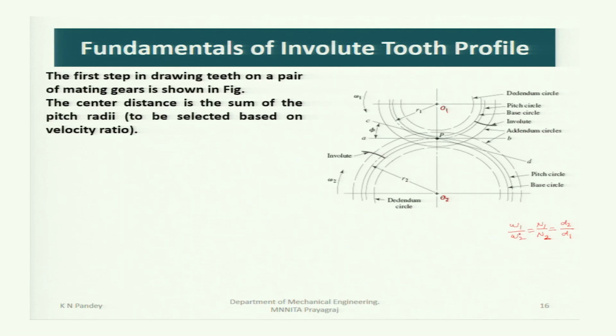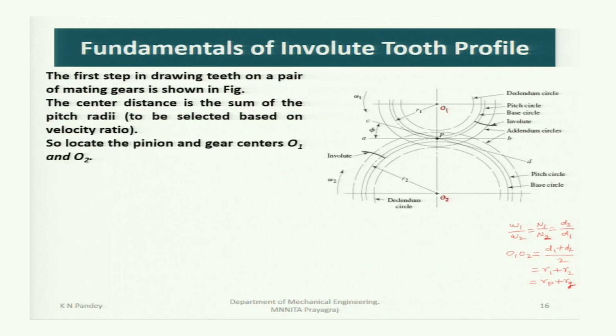So knowing the velocity ratio, we can get this d2 and d1, and knowing d2 and d1, you may get the center distance O1 O2. O1 O2 will be equal to (D1 plus D2) divided by 2, or the pitch radii R1 plus R2. Now, if the subscript is written in terms of pinion and gear, then this will be R of the pinion plus R of the gear. This will give you the center distance O1 O2.